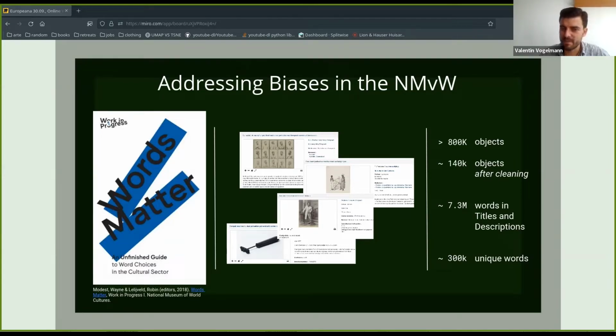These are just examples of the kinds of biases that we find in this collection, because the thing with this collection, which I maybe forgot to mention, is that heritage collections in the Netherlands contain vastly colonial objects. With the colonial history of the Netherlands, most of the biases, most of the problematic terminology, and in general most of the phenomena that you might find in this collection are of some kind of colonial nature. Not all of them, but most of them.